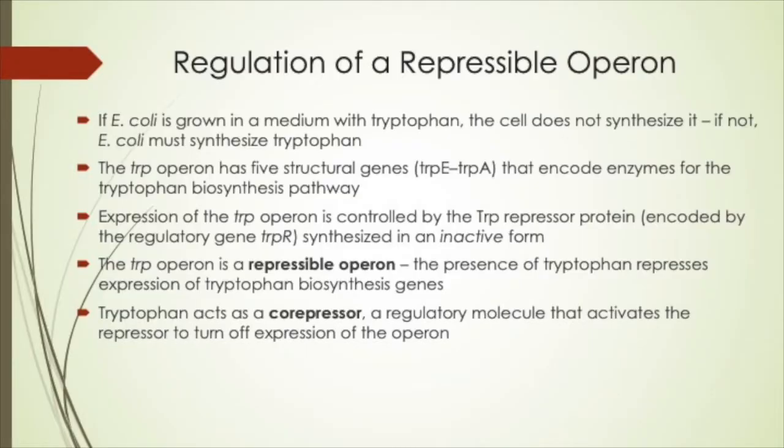So there's another one, regulation of a repressible operon. In this example, E. coli is grown on a medium with tryptophan. Tryptophan is an amino acid, very important for any cell.